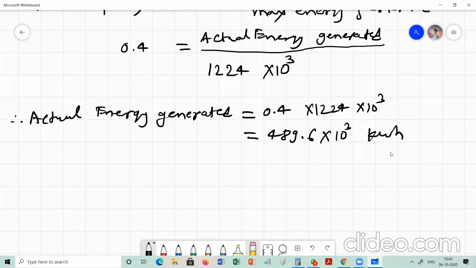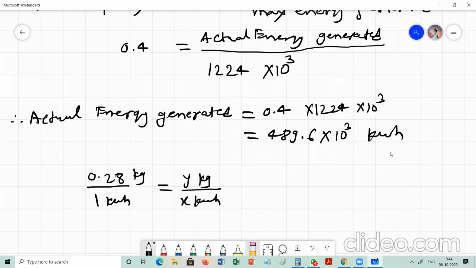So the fuel oil consumption in a month, we can calculate it now. For generating 1 kWh, we require 0.28 kilogram of fuel. Then to generate X kWh, Y kilogram of fuel is required.